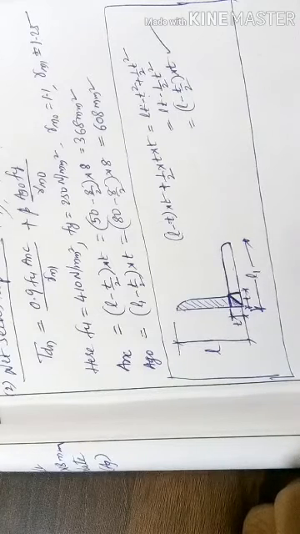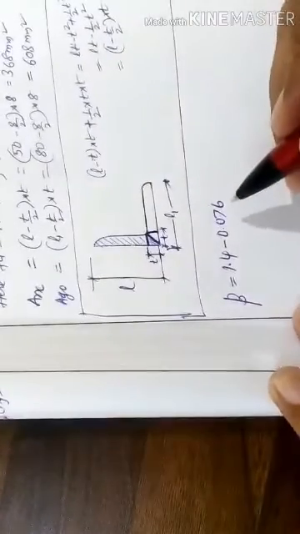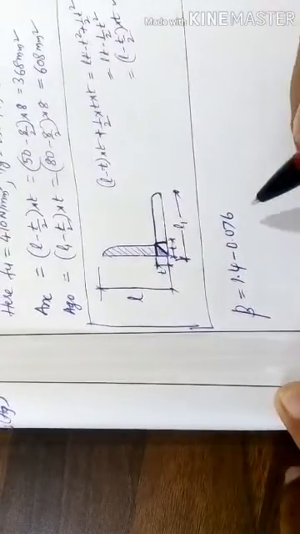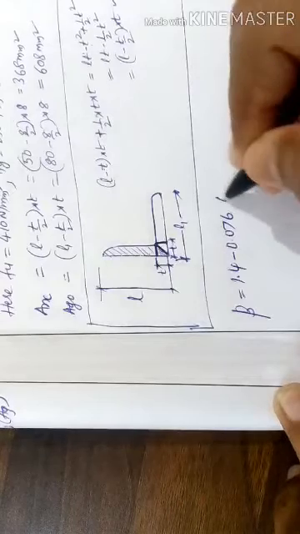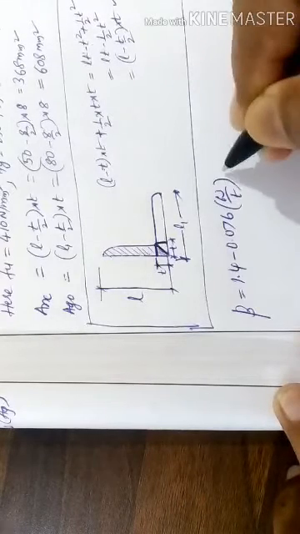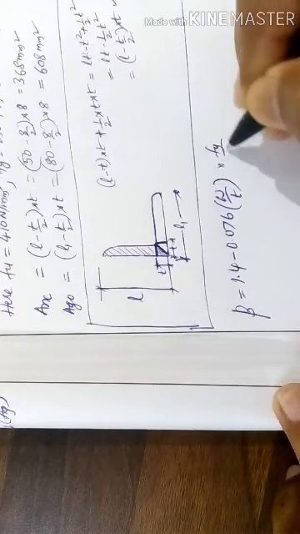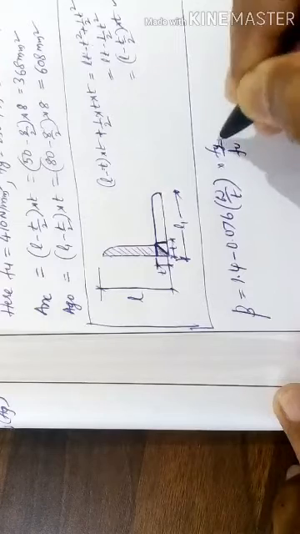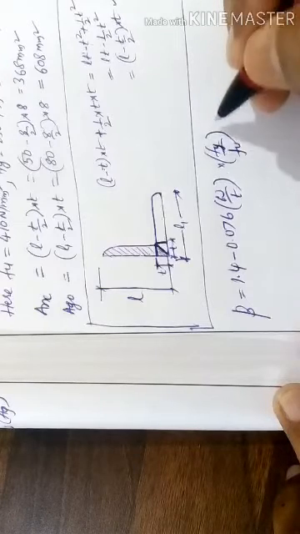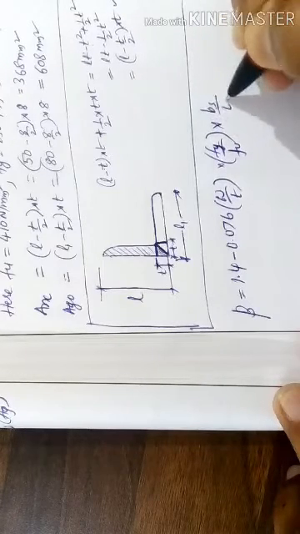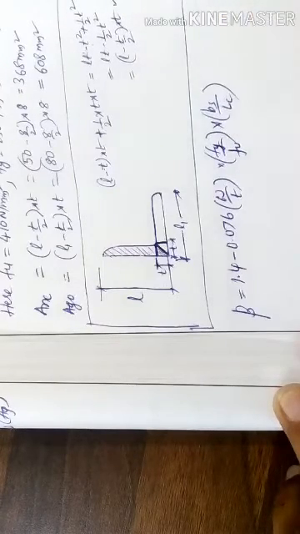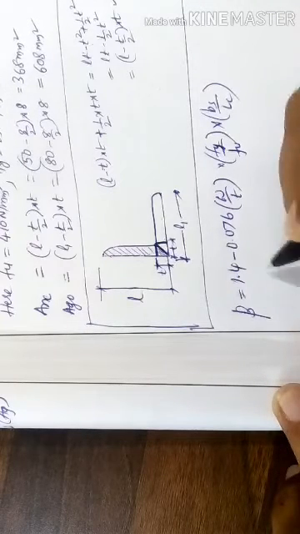Then the value of beta will be 1.4 minus 0.076 W by T, then Fy by Fu into Bs by Lc. So this is the formula, again you refer to the code.